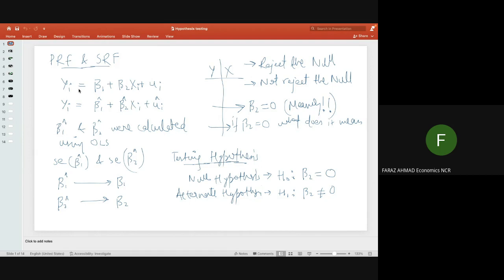And now we are testing hypothesis about whether the slope coefficient in the population is zero or not. So in other words, we are trying to test the hypothesis that whether x and y are related at all.